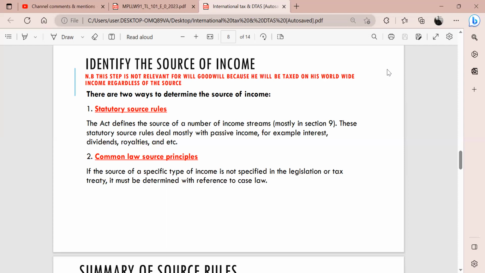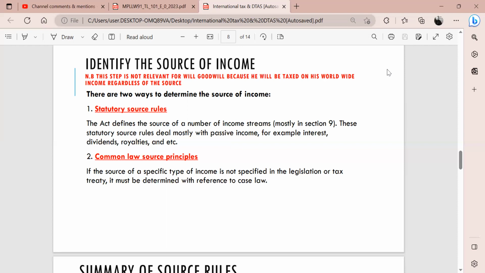These statutory source rules mostly deal with passive income, for example, interest, dividends, royalties, and etc. The second way to determine the source of income is through the common law source principles, or the case laws. If the source of a specific type of income is not specified in the legislation or a tax treaty, it must be determined with reference to case law.